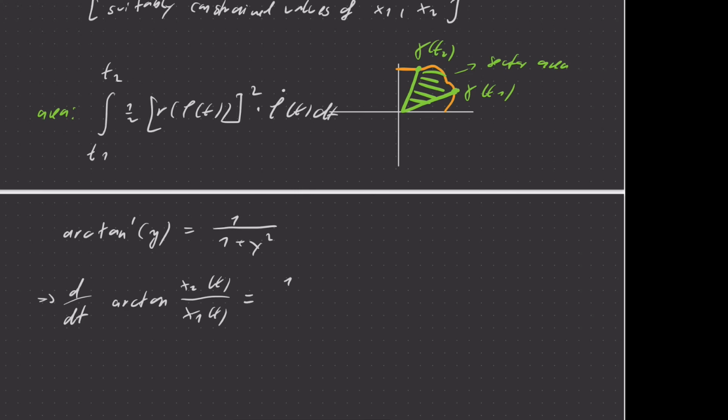So that's going to be 1 over 1 plus x2 of t over x1 of t squared times, and now we differentiate the inner function, which is x2 of t over x1 of t. So we need to use quotient rule for that.